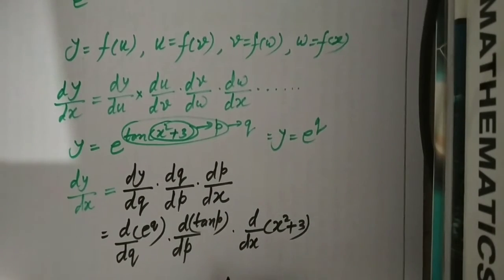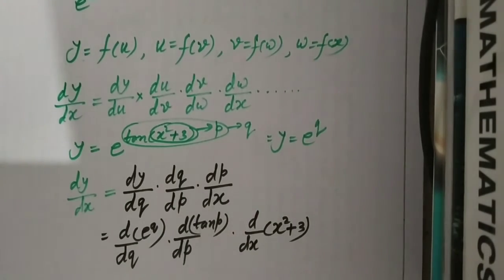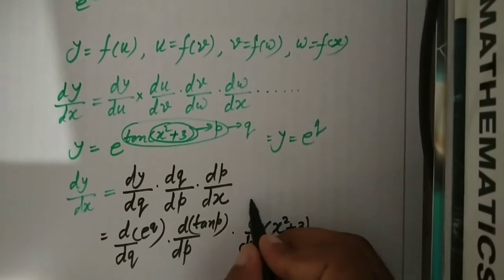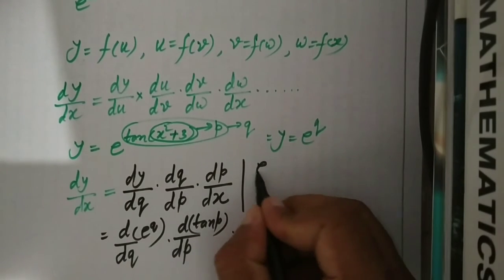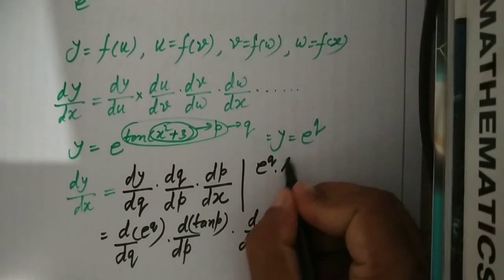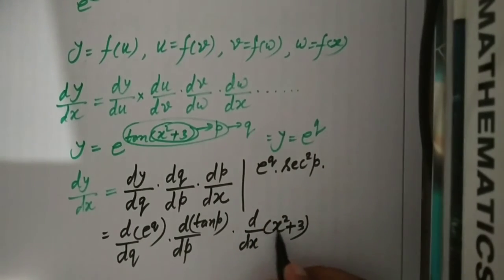After differentiating all three components and multiplying them together, e to the power q gives e to the power q, tan p gives sec squared p, and x squared plus 3 gives 2x.